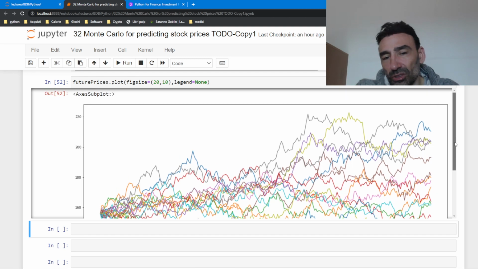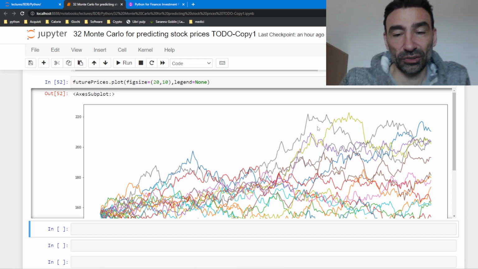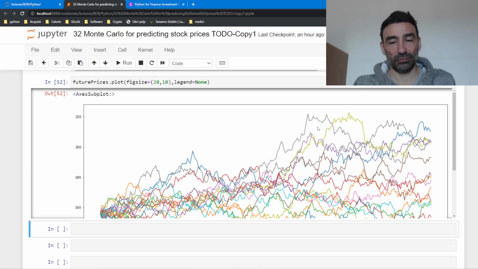Well, not so bad. Here you have some extremes. This is because the normal distribution officially is not bounded. So in the normal distribution you could have a volatility which goes from minus infinity to plus infinity with a very small probability, while the uniform distribution is bounded between minus 1 and plus 1.